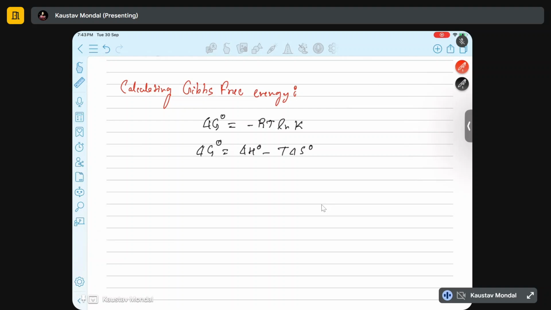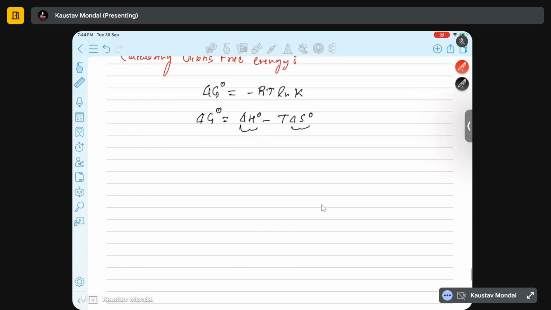So delta G naught depends on both delta H naught and delta S naught. If we know the change in enthalpy and the change in entropy of a reaction, from those two quantities we can calculate the change in the Gibbs free energy. This gives us a different way to calculate the Gibbs free energy, right? For that, let's take an example.